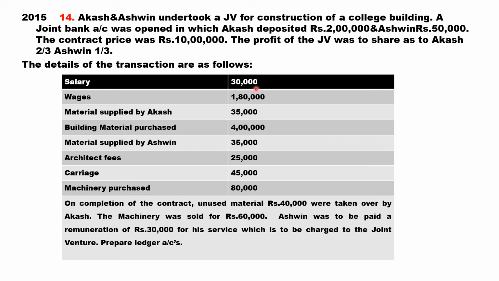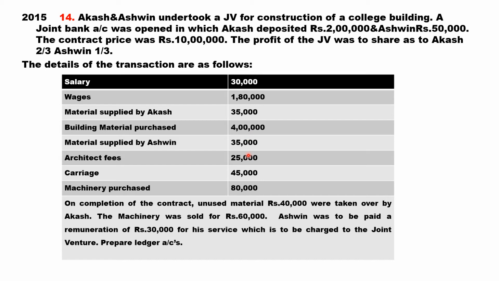Salary will come in joint venture and joint bank. Wages, joint venture, joint bank. Material supplied by Akash, joint venture, co-venture. Building material purchased, joint venture, joint bank.